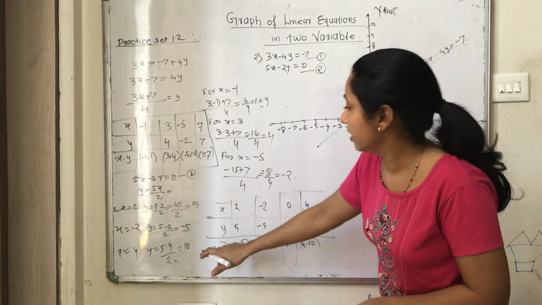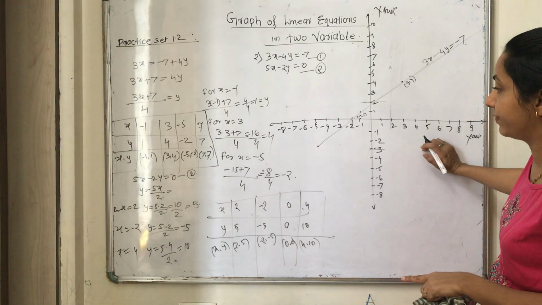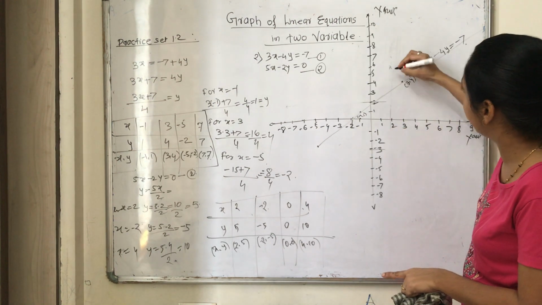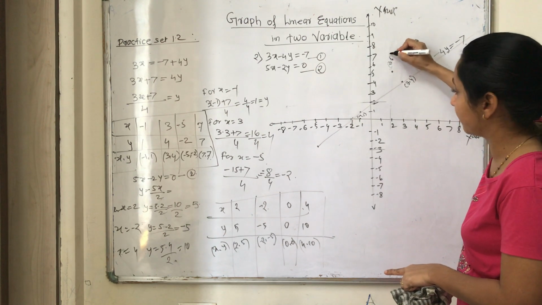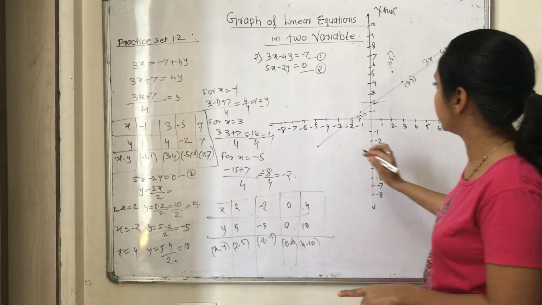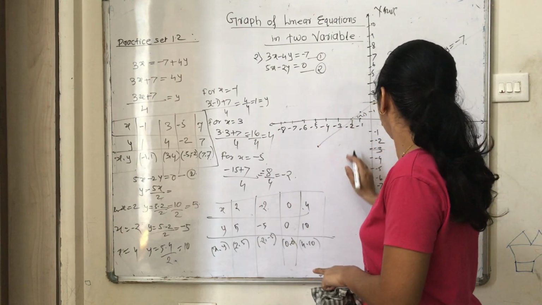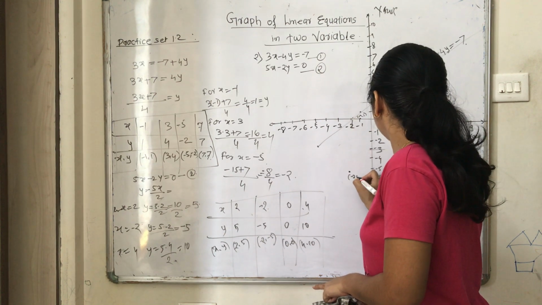Next, we need to plot the line for these points. The first point is 2 comma 5. So this is 2 comma 5. Next is minus 2 comma minus 5. So this is minus 2 comma minus 5.